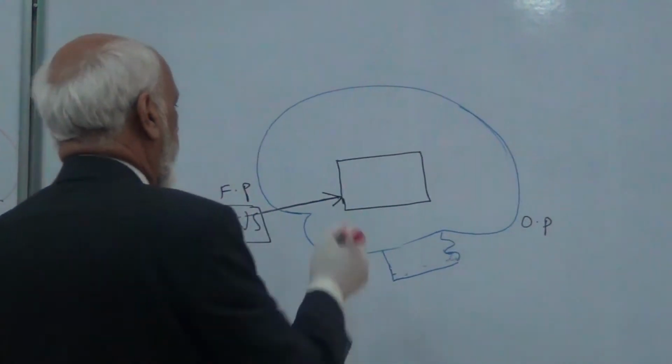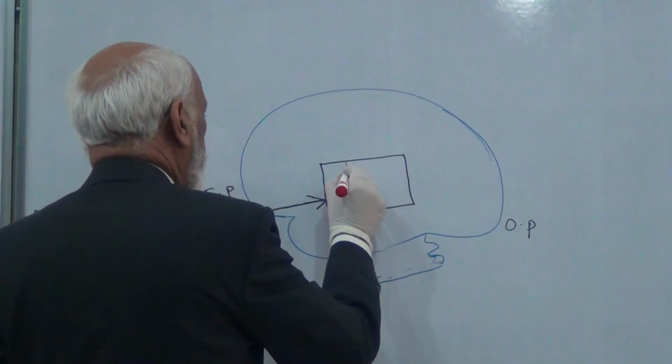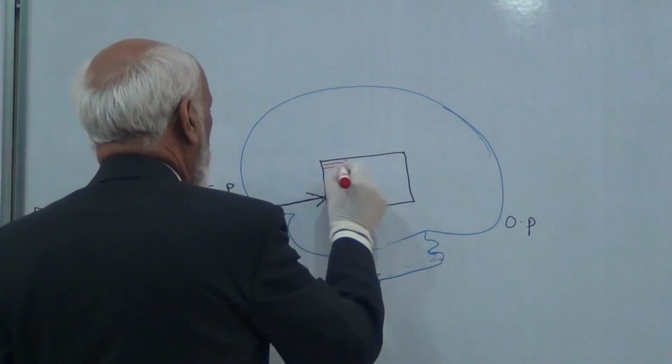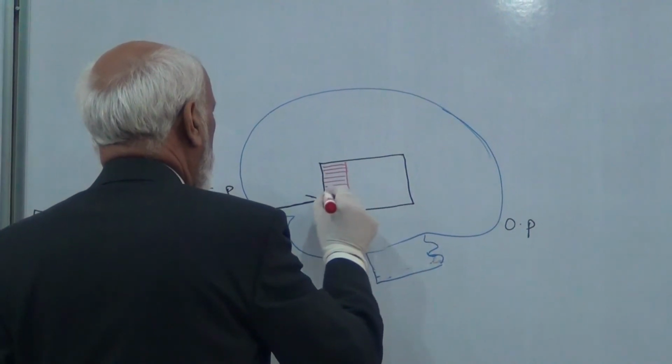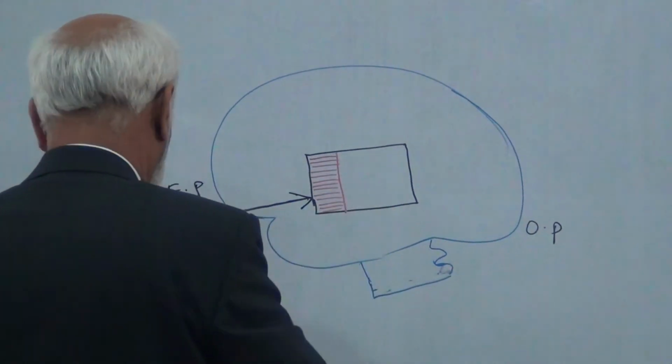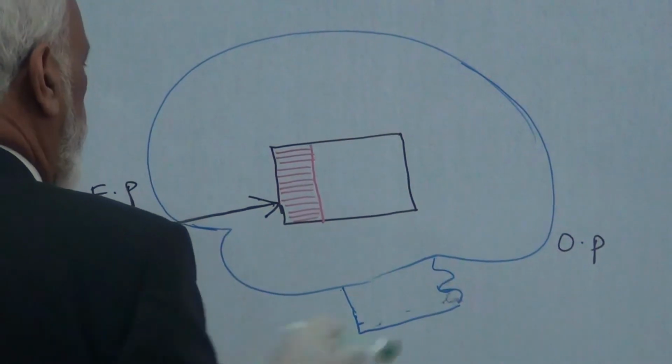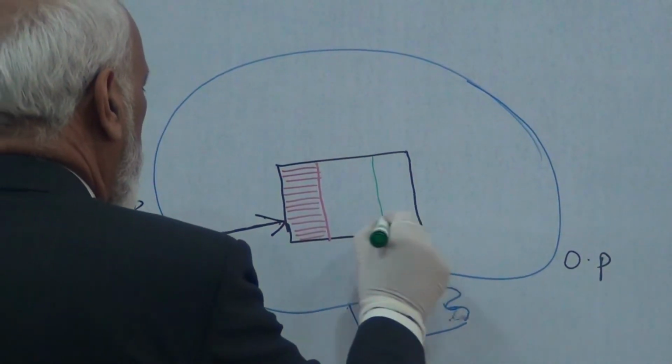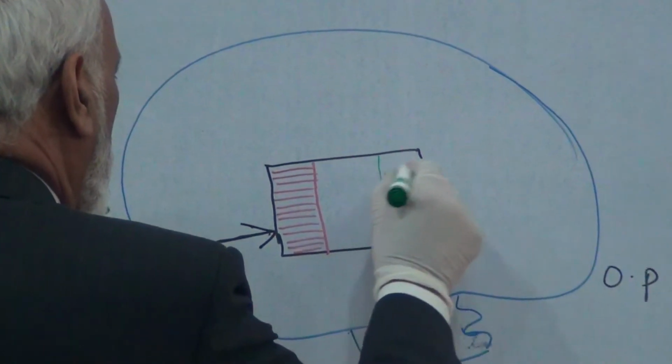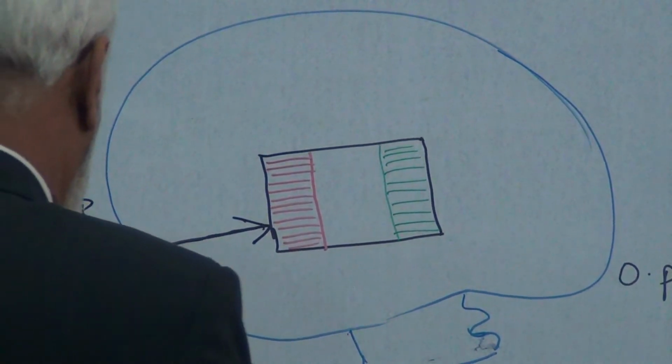Now, suppose this is the anterior nucleus of hypothalamus, and this is the posterior nucleus of hypothalamus.